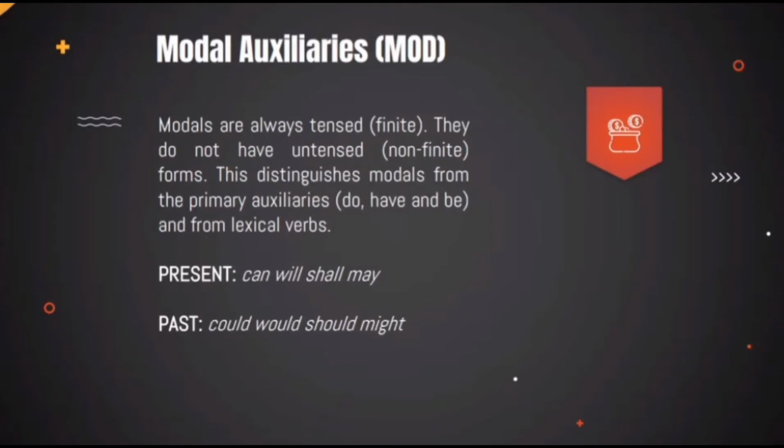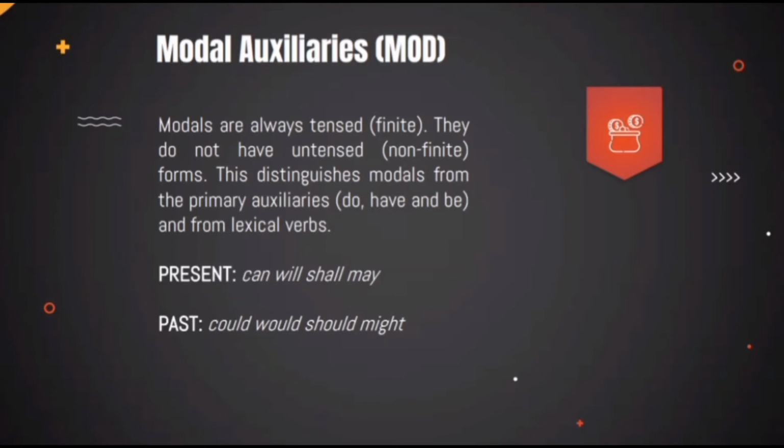Okay friends, I will explain the next material about modal auxiliaries and the perfect auxiliary. Modal auxiliaries. Modals are always tensed or finite. They do not have untensed or non-finite forms.